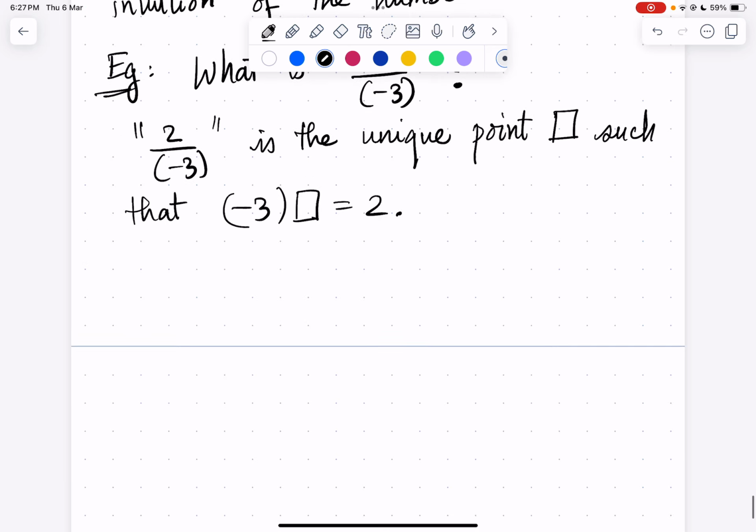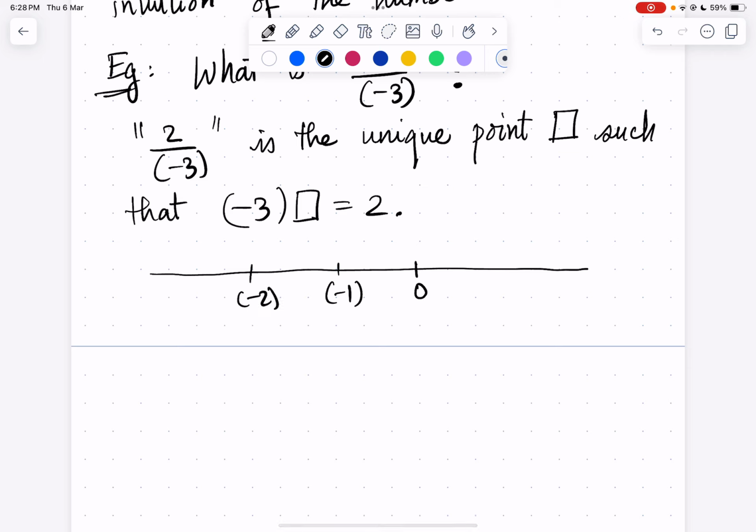So what we can do is consider 0, -1, -2, and then we can break this segment into 3 equal parts. And now the claim is, you consider this point box.